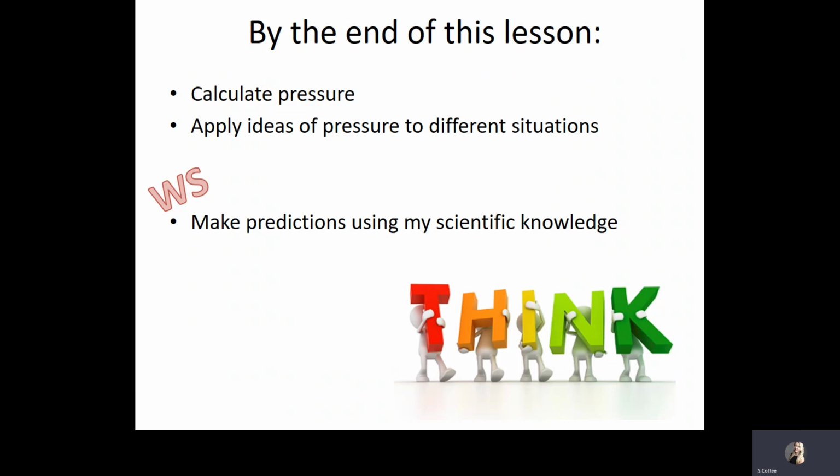So there is an equation and you will need to be able to substitute values into that equation to calculate pressure, and also consider which situations you would need there to be a lot of pressure or situations where there would need to be not a lot of pressure at all. You're also going to try and do a practical at home where you can try and find the pressure that you exert on the floor when you are walking.